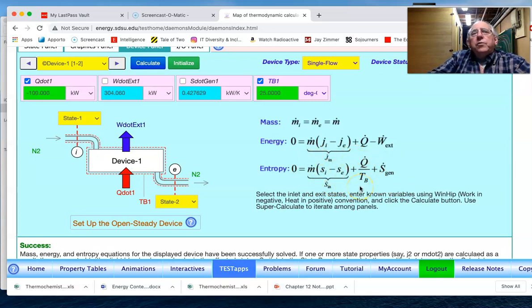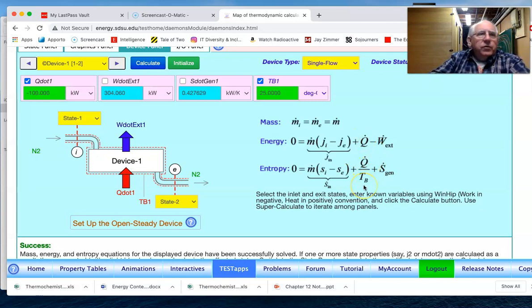And so this value of Sgen is affected by the outlet and inlet conditions, the m dot, as well as the heat transfer rate. And so what I indicated before, if you were doing the what if question, what if the m dot changed down to half of the original, so instead of 2 it went down to 1 kilogram per second. The only way that you would have half of the S dot gen is if the heat transfer were also half of the original.